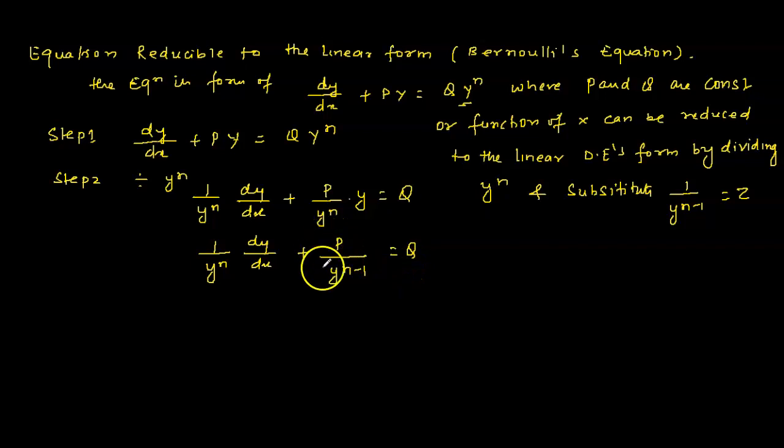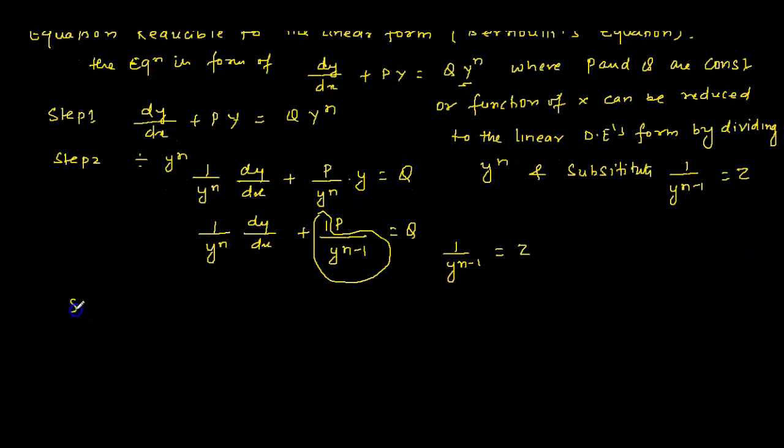Now the term which is given in y to the power of n minus 1, that I will consider as z. Okay, this values except P. So I will write it here. Step 3, I will put it here: 1 upon y to the power of n minus 1 is equal to z.